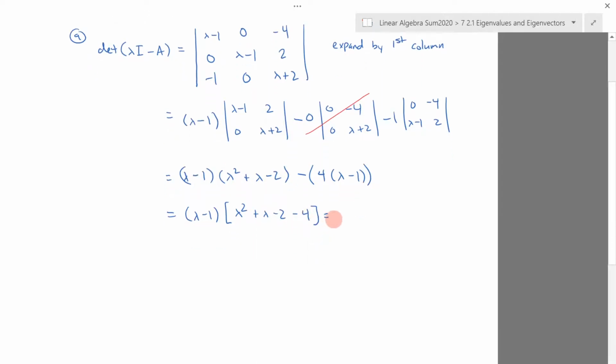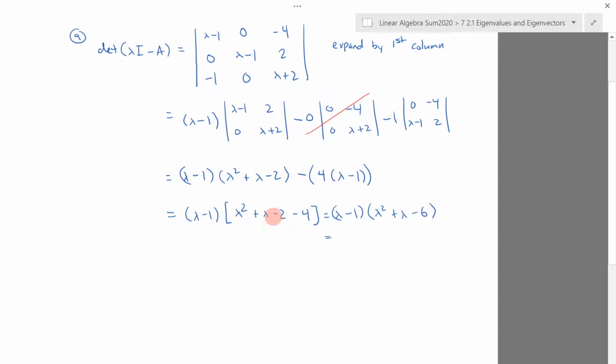Okay, so then it's lambda minus 1 times lambda squared plus lambda minus 2 minus 4 is minus 6. Right, so if I multiplied this out, I would have had a 3rd degree thing, and that's going to be difficult to factor, right?